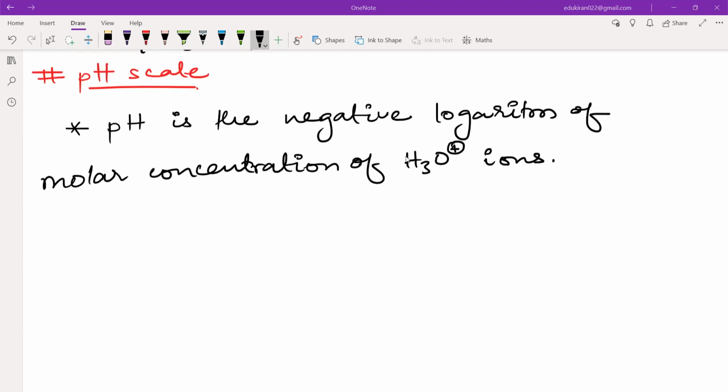Potence hydrogen. One of the alleged full forms of pH is potence hydrogen.